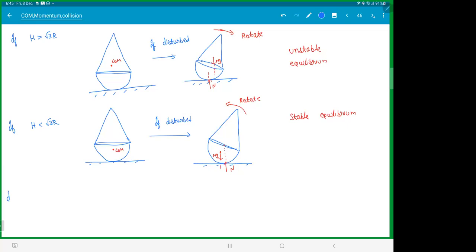And the interesting thing happens when h is equal to root 3r. The center of mass is exactly at the center.